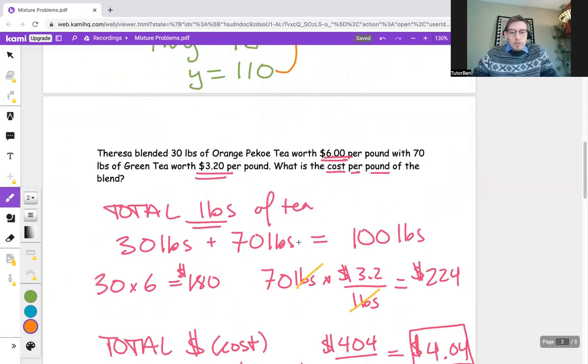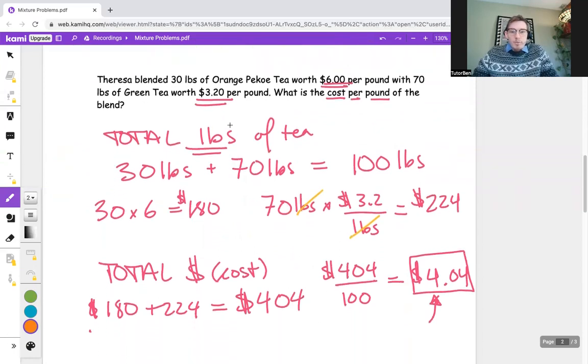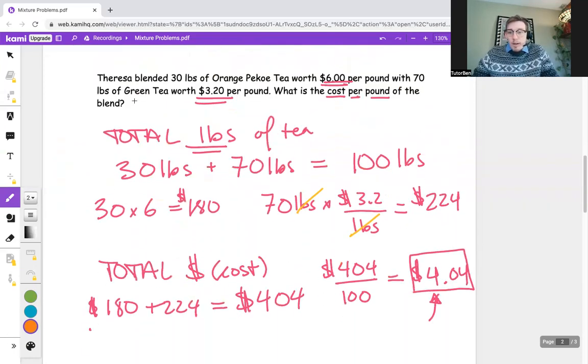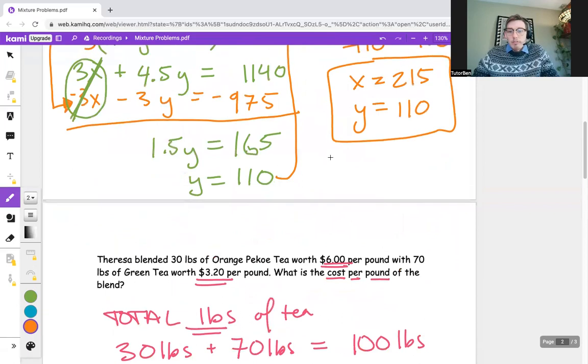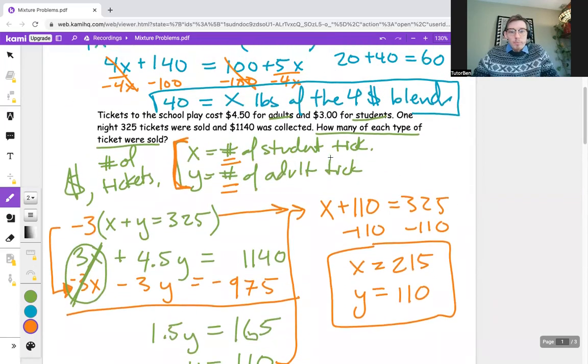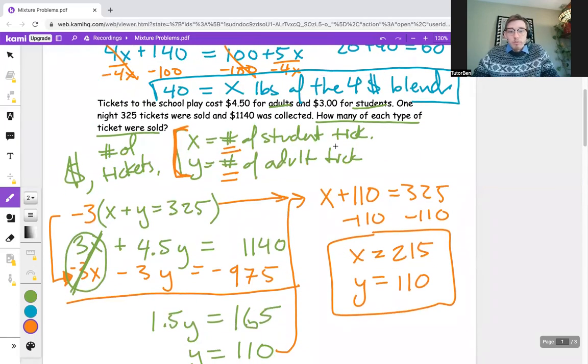So hopefully this gives you a little bit of an idea of the spread that you can see with mixture problems. We can be looking for totals. We can be looking for one of two variables, oftentimes price or pounds.